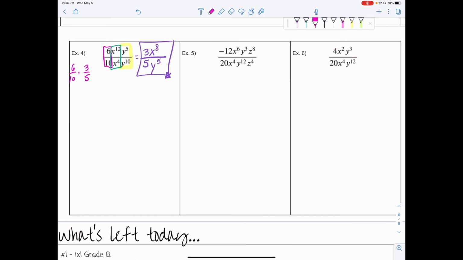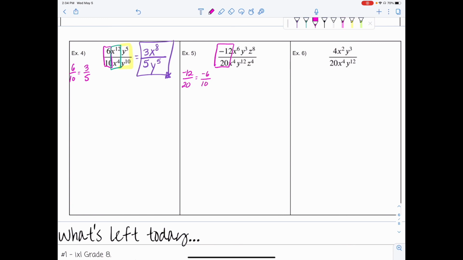So for example 5, we have negative 12, x to the 6th, y to the 3rd, z to the 8th, over 20, x to the 4th, y to the 12th, z to the 4th. We're going to look at the coefficients first, and we're going to simplify negative 12 over 20. Some people in class divided them both by 2, so we would get negative 6 over 10, but then we wouldn't be finished simplifying.